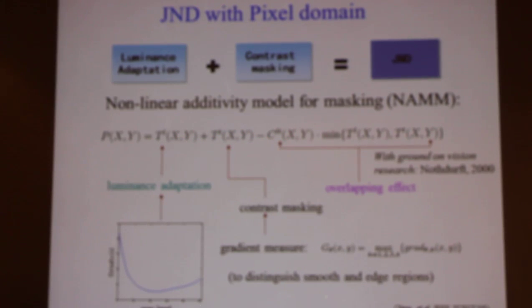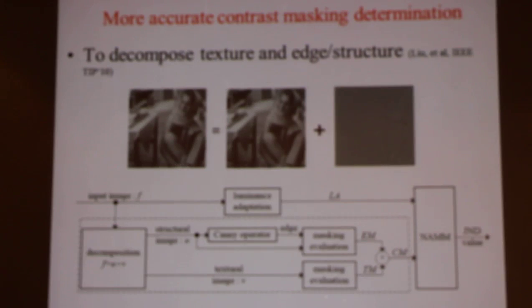So there's no explanation why in the subband domain you use multiplication, while in the pixel domain you use addition. These are the problems. Of course, you can argue that if you take the log of the multiplication, then it becomes addition. This is okay, some explanation. Okay, this is some of the schemes in the literature.